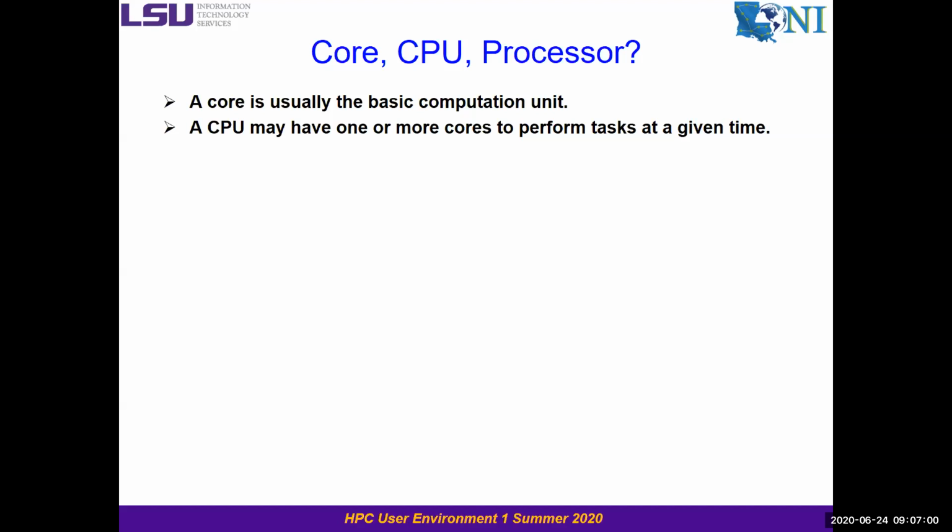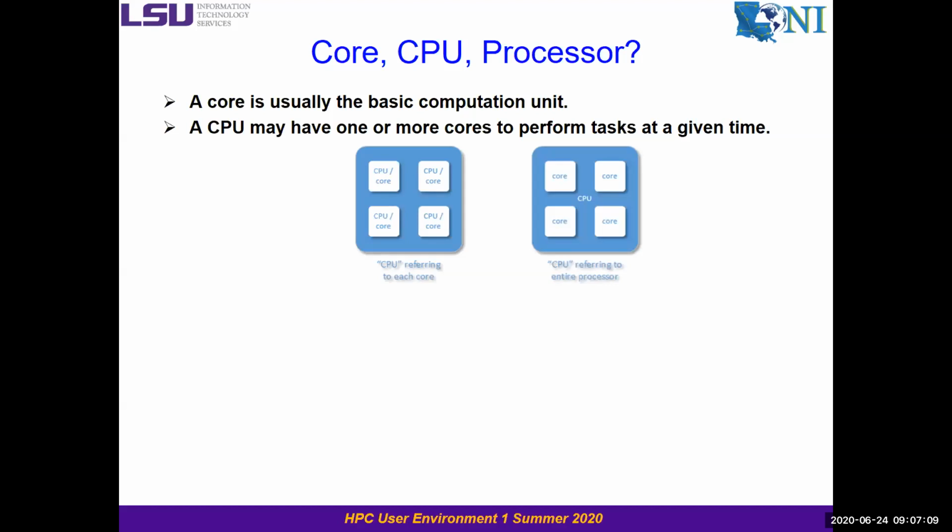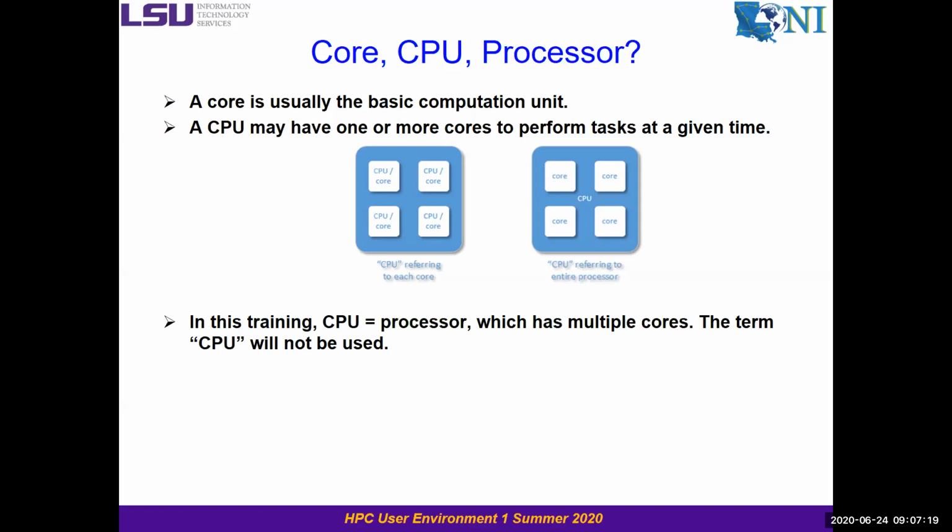In the old days, one CPU had only one core, but nowadays one CPU can have multiple cores. The figure here shows a CPU with 4 cores. In this training, CPU is the same as processor, which can have multiple cores.